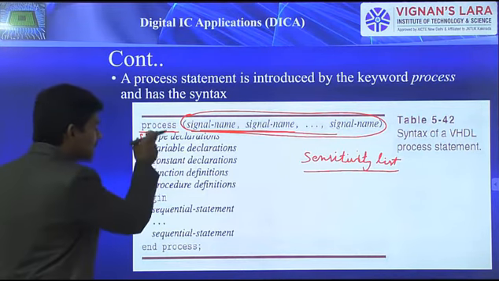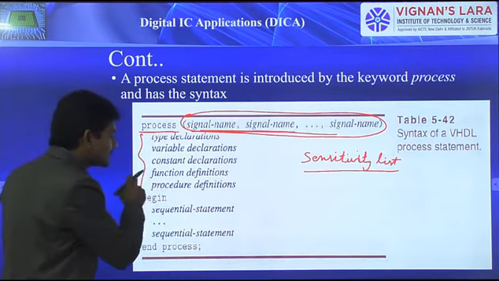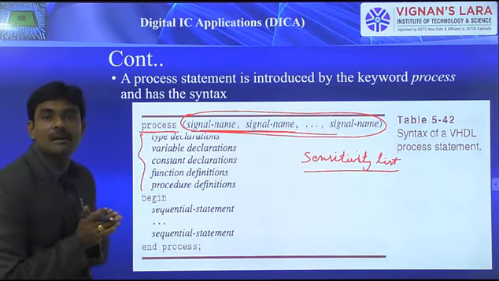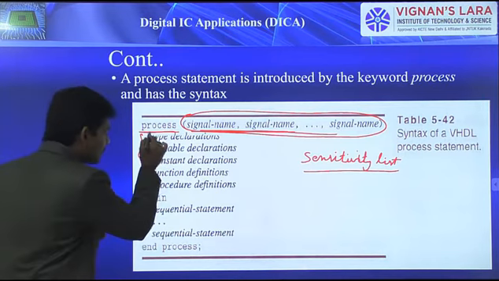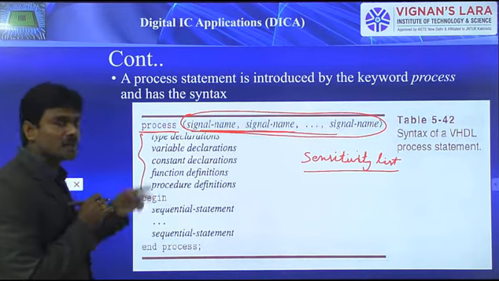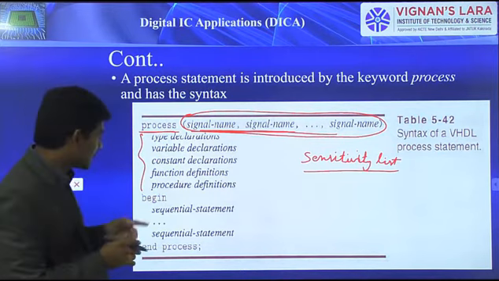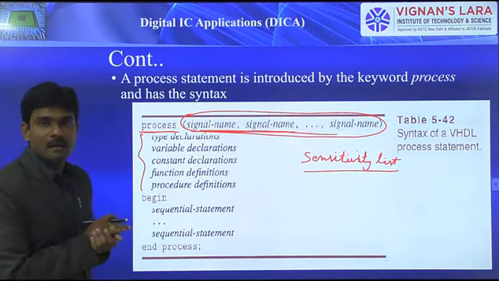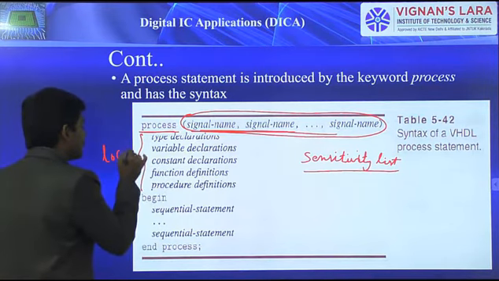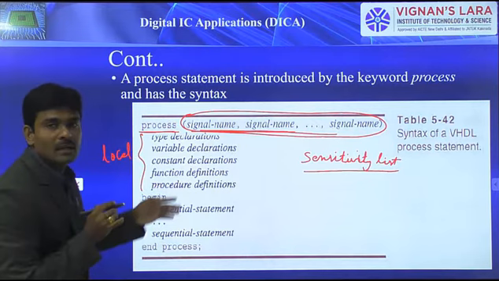Whatever you define here, all these types, constants, functions and procedures are local to this particular process. That means whatever we define here, we can use only within this particular process body, that lies in between begin and end.